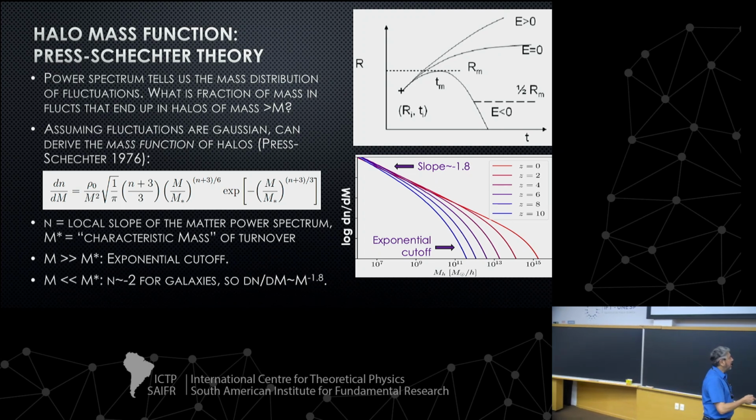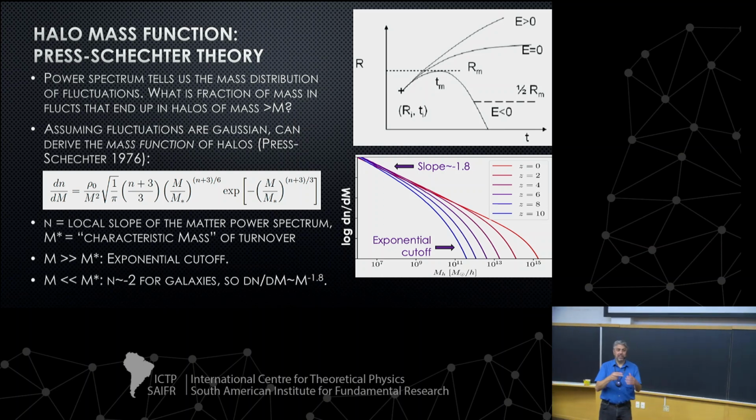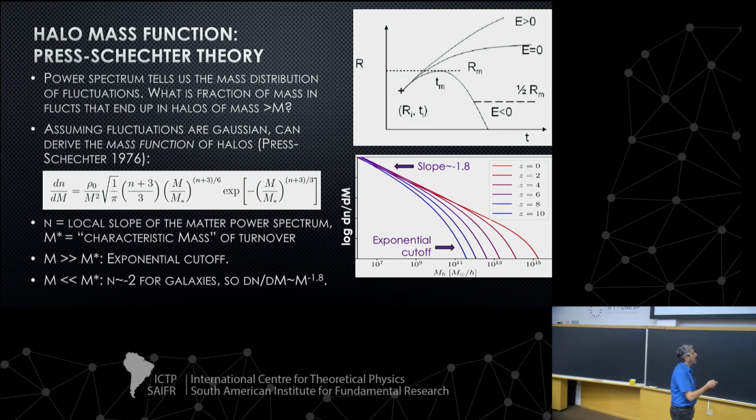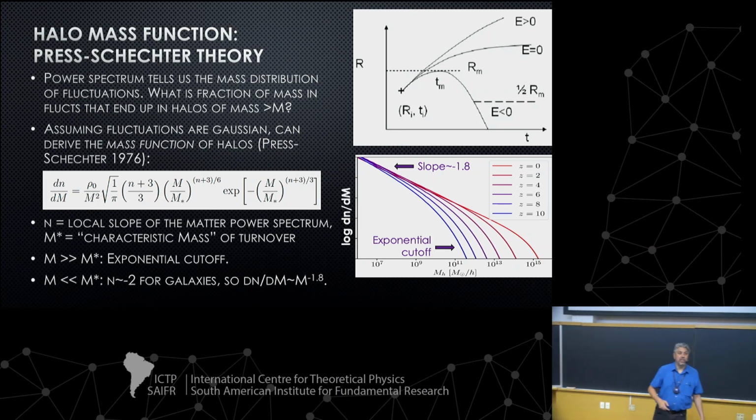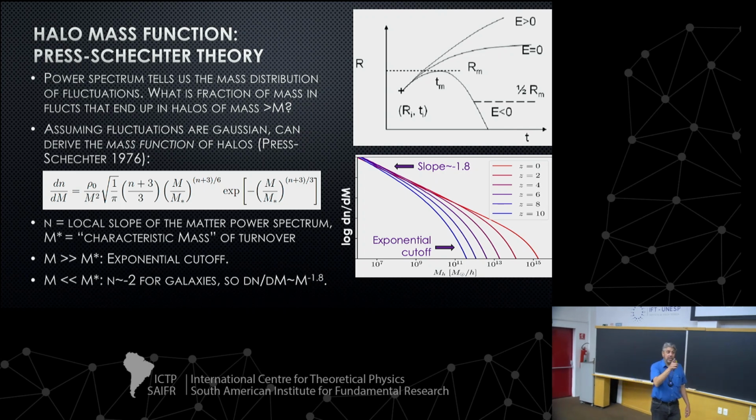But it's true that your scales depend a little bit on 1 over h, because that goes as your expansion factor. But these go as 1 over h as well, I think. Anyway, I'm not going to try to remember it now. Okay, but it's a good question.